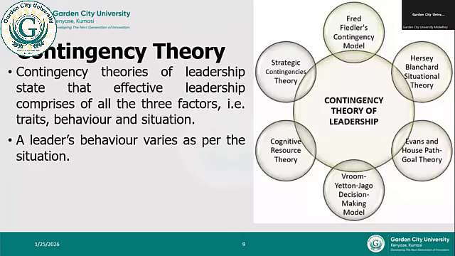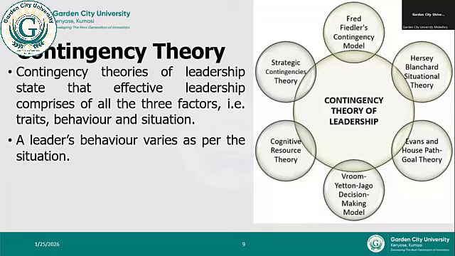Now, the contingency theory has almost similar characteristics to situational leadership, but it is more divergent on other constructs and models, which I have taken time to elaborate pictorially.